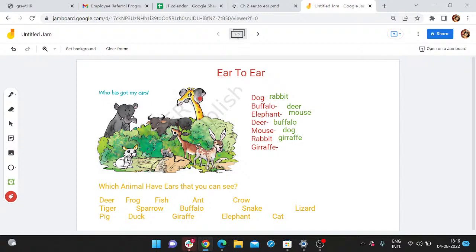So we can clearly figure out that these ears are of the elephant. If you can imagine, you can put these ears on the sides of the elephant, and you can clearly imagine a picture of an elephant to be like what it actually is. So these are the ears of the elephant. So the giraffe is carrying the ears of an elephant.